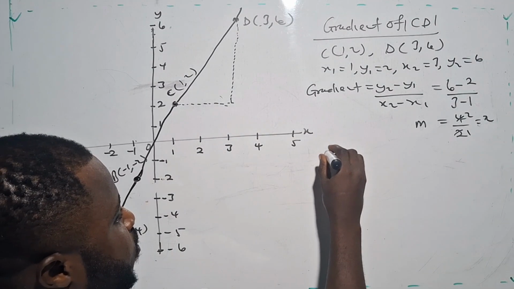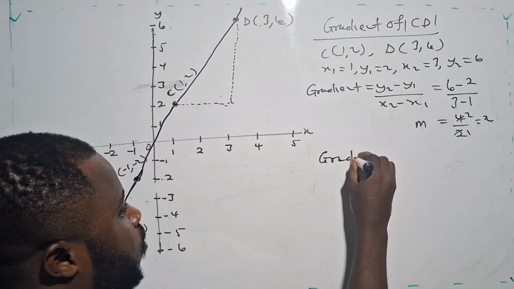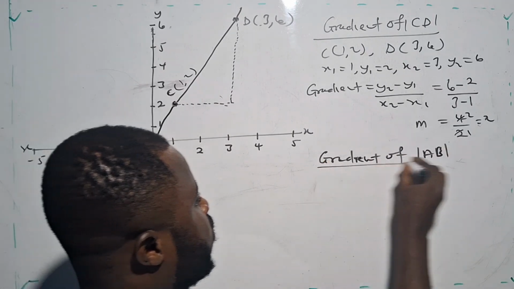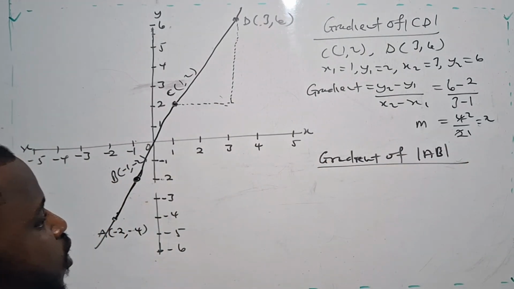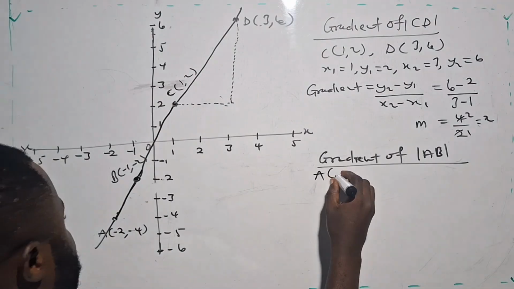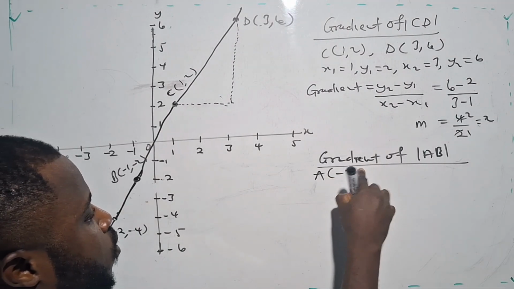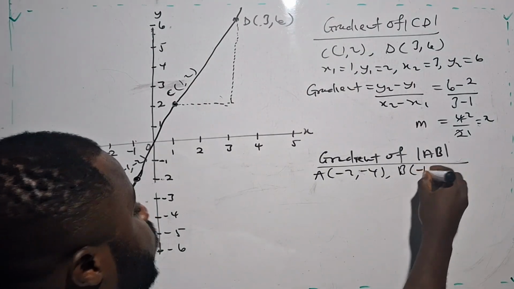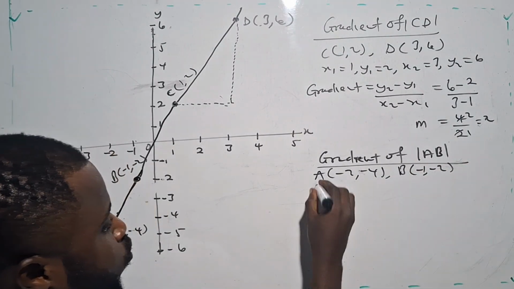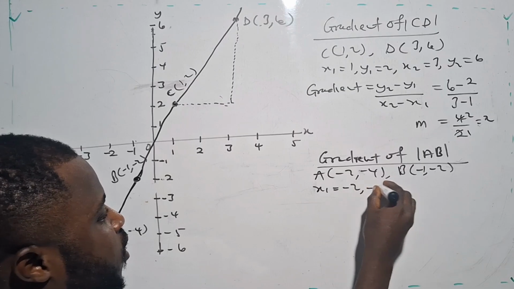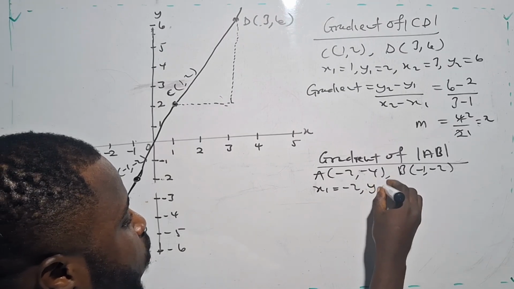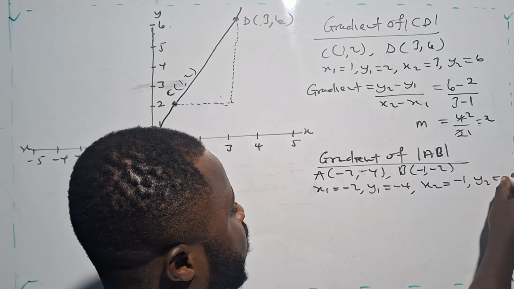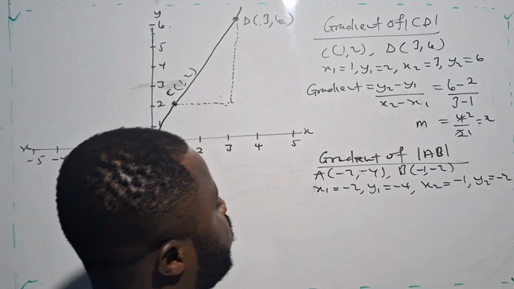Now gradient of AB. Yes, gradient of AB. Now my A was -2, -4. Now B is -1, -2. So now my X1 here is -2, Y1 is -4, X2 is -1, Y2 is -2.